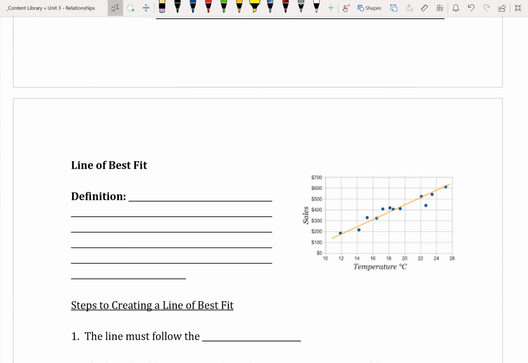A line of best fit is a straight line that best represents the trend or data in the scatter plot.